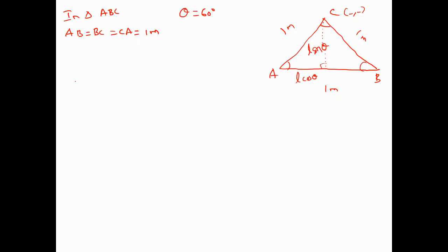If you want to find the location of the third mass: mass 1 is 1 kilogram, mass 2 is 2 kilogram, mass 3 is 3 kilogram. My mass 1 location is 0, 0. My mass 2 location is 1, 0. My mass 3 location we are going to find. Clear?